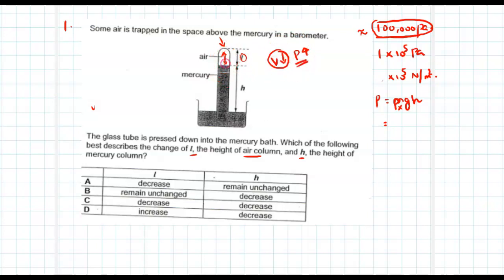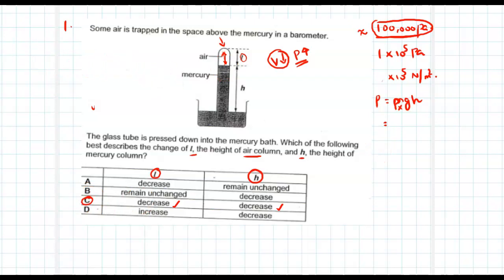So it will hit the mercury more because more pressure is exerted. As a result, the mercury column will go down. So both the length of the air column and the height of the mercury column decrease because of the excess pressure exerted onto the surface of the mercury. So the option is C.